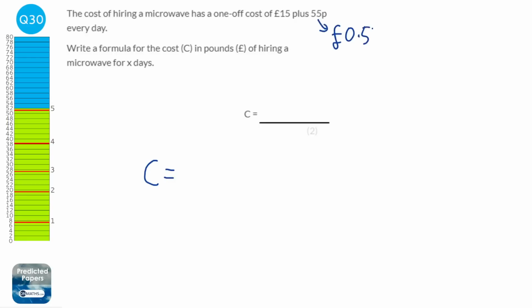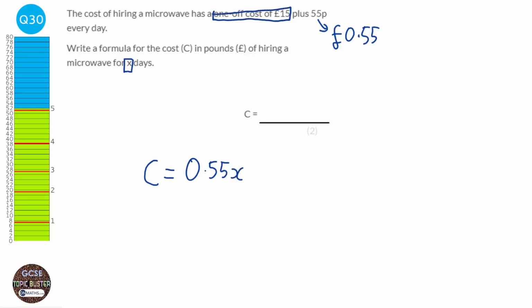So that's going to be 0.55, and it's going to be 0.55 times the amount of days. Well, it says the amount of days is X, so it's going to be 0.55x. Then it says that there's just a one-off cost of £15, so you're going to have to pay £15 regardless. So we're just going to add 15 onto that.